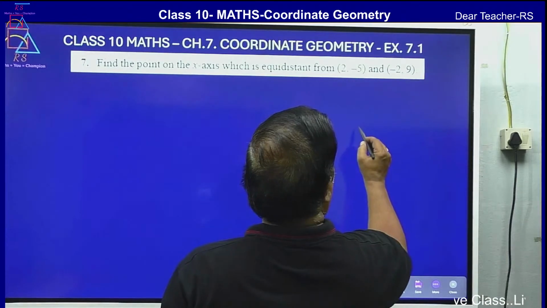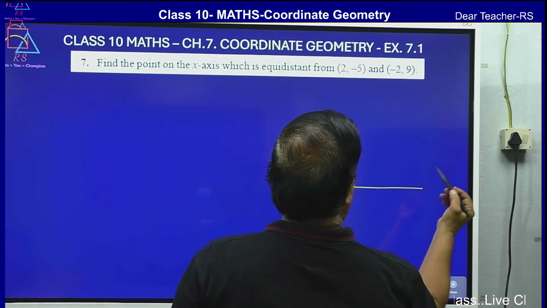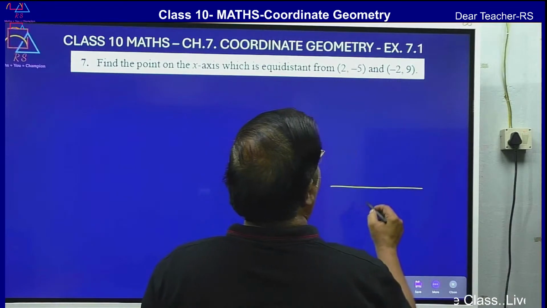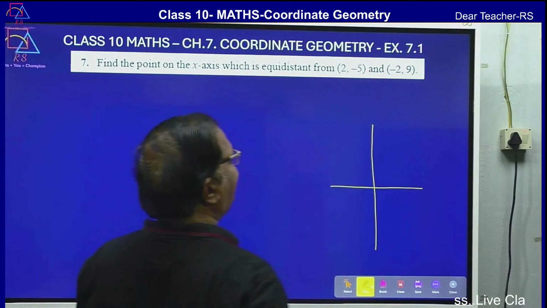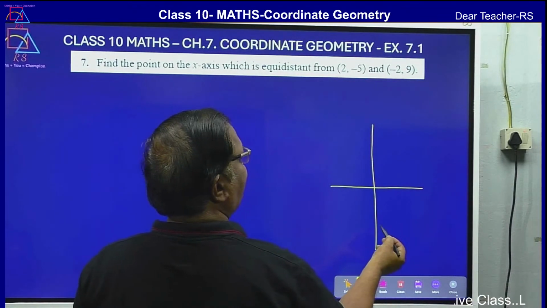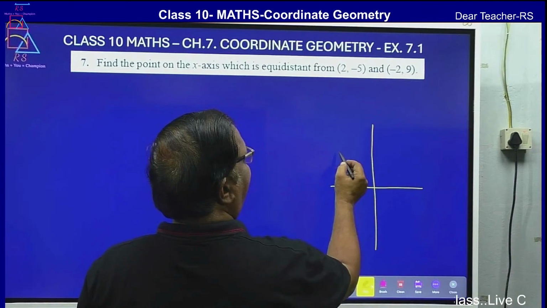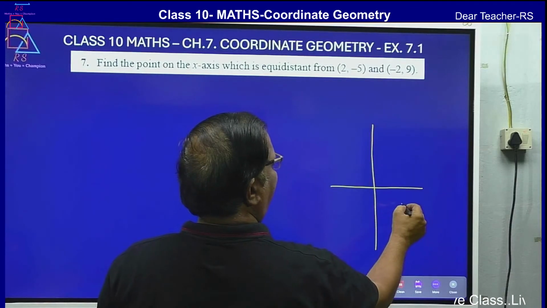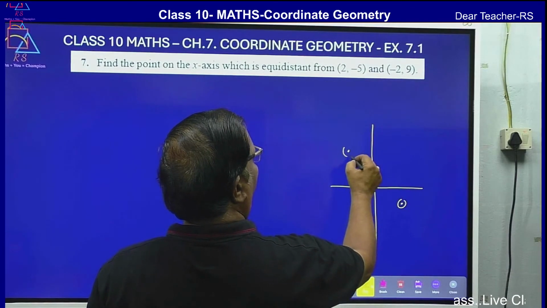So now there is an x-axis, and there is a y-axis also. So (2, -5) lies in the fourth quadrant, and (-2, 9) lies in the second quadrant. So I just write that this is 1 and this is 1.